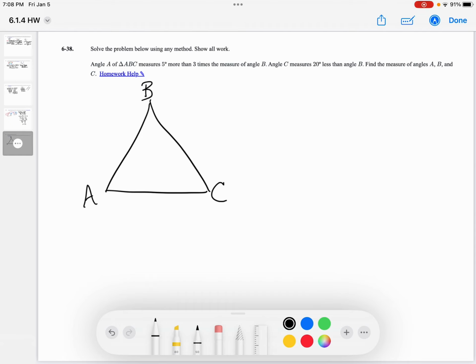Okay, well, one thing I do know is that A plus B plus C is going to equal 180 degrees, right? Every triangle, the angles add up to 180.